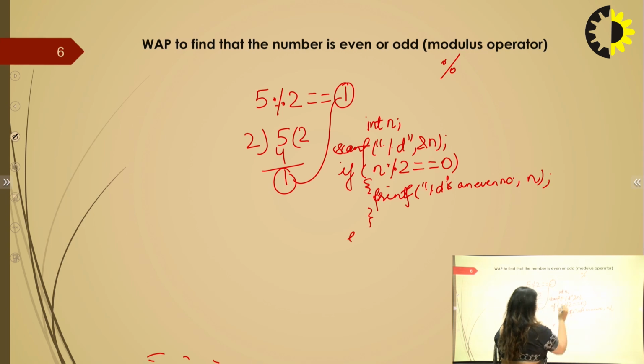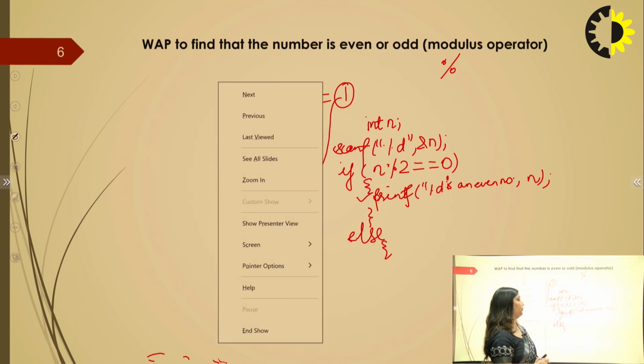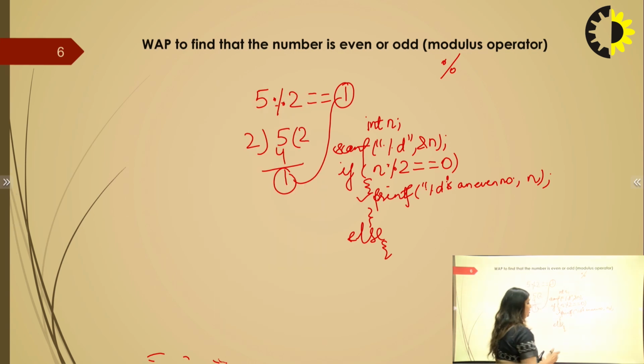Else, if this condition is true, then this part will execute, and if the condition is not true, that means n modulus 2 is not equal to 0, then it must be equal to 1. So in that case the number will be odd, and if this condition is false, this else part will execute.